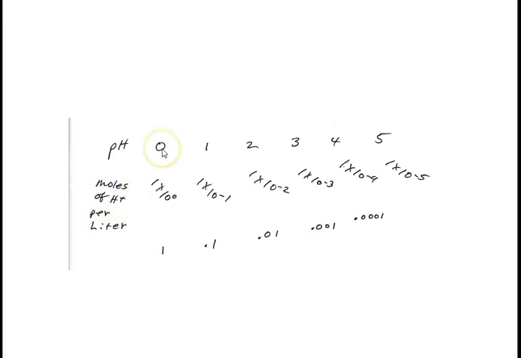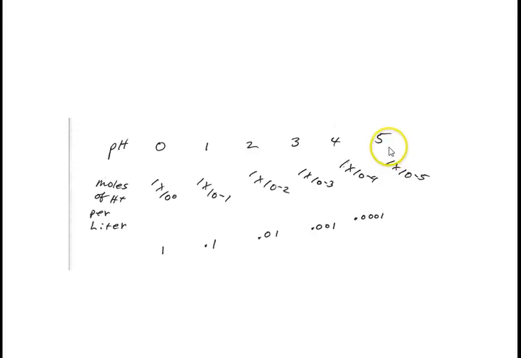So with pH of 0, we have 1 times 10 to the 0 power. pH of 1, it's 1 times 10 to the negative 1 moles of hydrogen ions per liter. 1 times 10 to the negative 2 moles of hydrogen ions per liter for pH 2. And then, of course, if we take those from exponents to more everyday numbers that we're used to working with, here's what we'd have in moles of hydrogen ions per liter of solution.